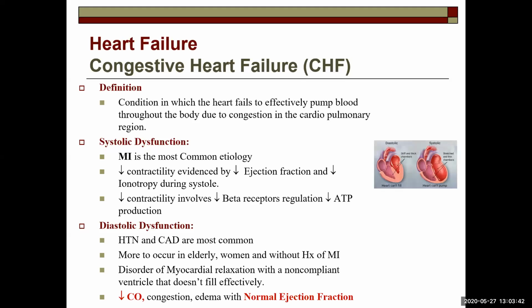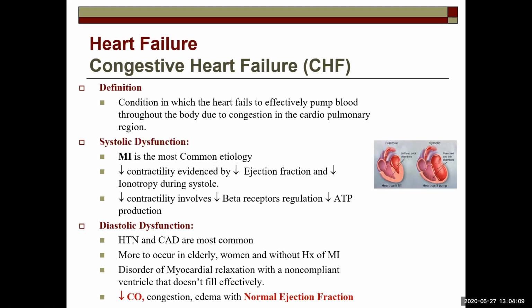Because you have hypertension, you have an increase in afterload, so the blood will stay in the ventricles. So during diastole, you'll have a dysfunction because of the hypertension. And coronary artery disease eventually leads to a blockage and then necrosis also of the muscles.